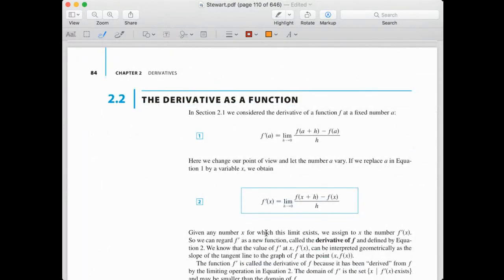Okay, so section 2, the derivative as a function. As I talked about before, let's use a polynomial function. So f of x equals x squared.